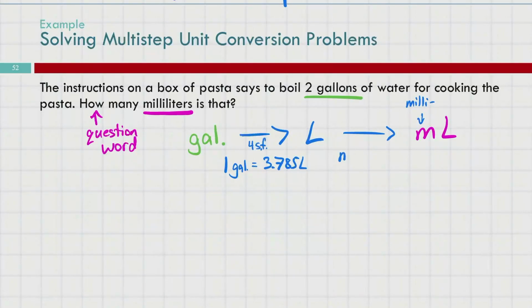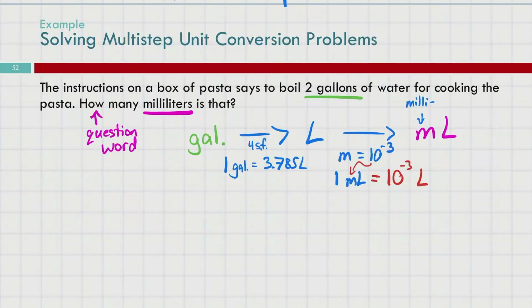So m, lowercase m, equals 10 to the negative 3. So 1 milliliter, this milli is equal to 10 to the minus 3, so we can swap it in. So 1 milliliter is equal to 10 to the minus 3 liters.